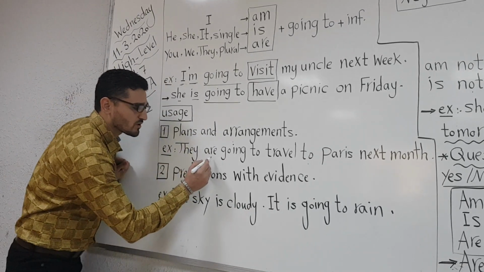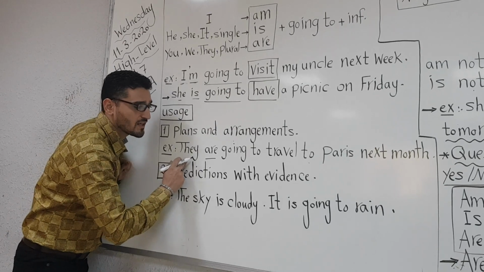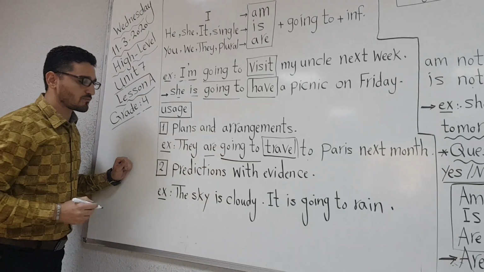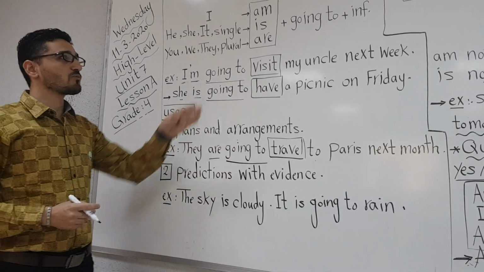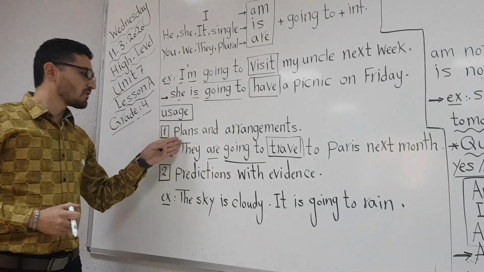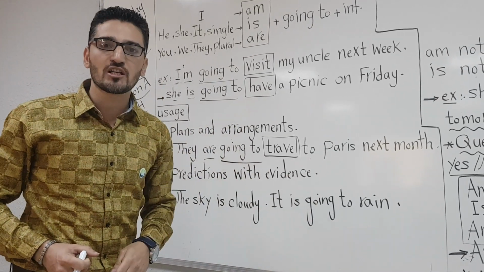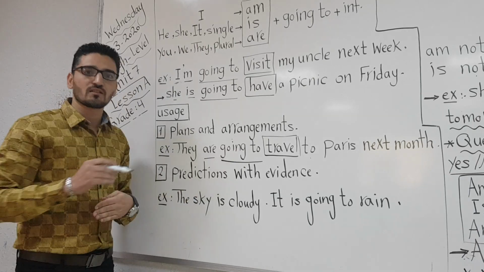So here we use are because the subject is they, and then going to, and then the verb travel is in infinitive. So the first usage for am, is, are, going to, here, plans and arrangements. Something you plan or arrange to do, something you intend to do.